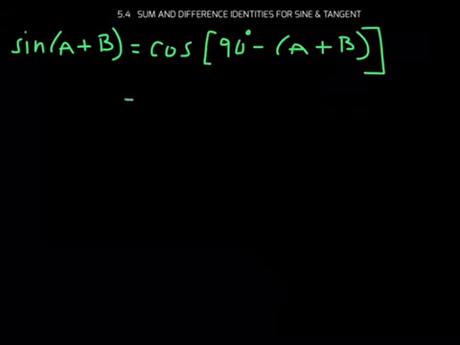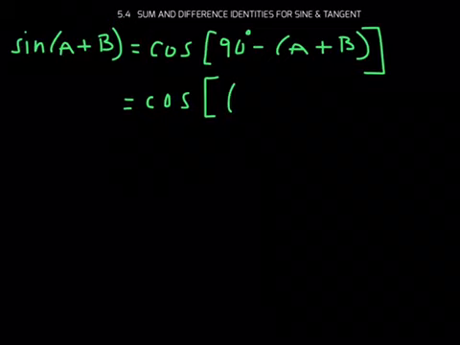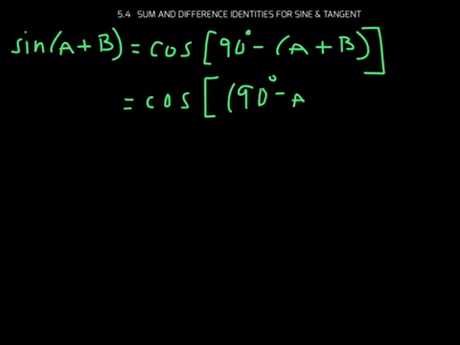So this is equal to, if we do a little bit of regrouping here, 90 degrees minus a, minus b.